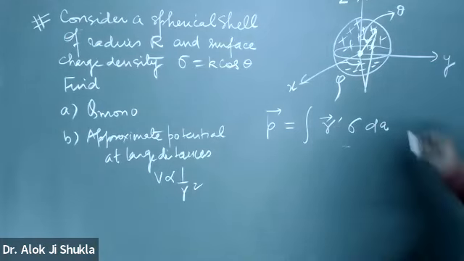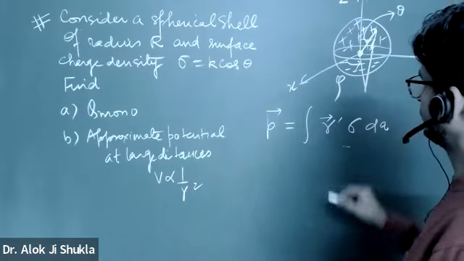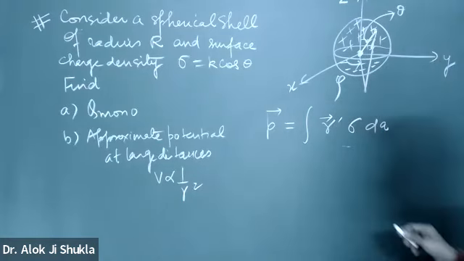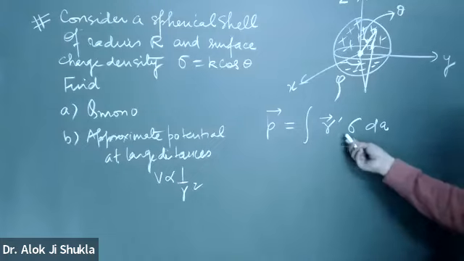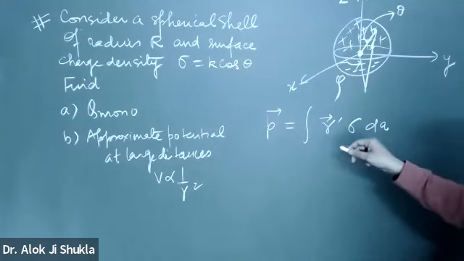Now, sir, there will also be a cos theta, right? In dipole moment, what is there? Sigma summation RI QI, right? For a dipole the summation RI QI, so this should be it. This is P naught there.